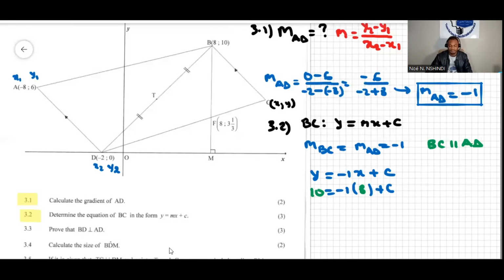That will be 10 equals -8 plus c. If I move the -8 over, that makes 10 plus 8 equal to c, and that makes c equal to 18. Therefore, the straight line is y equals -x plus 18. That's the equation of the line BC.